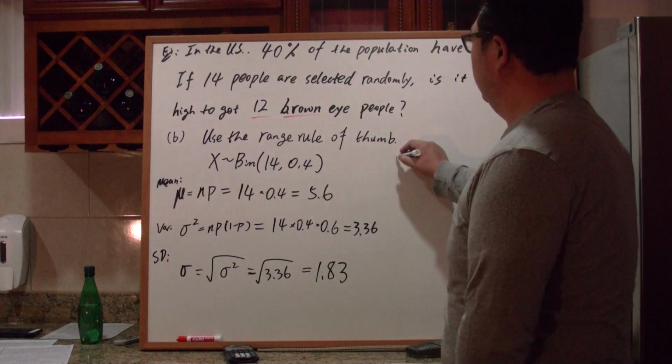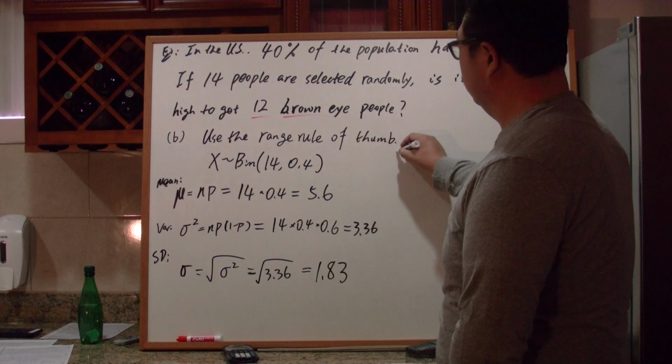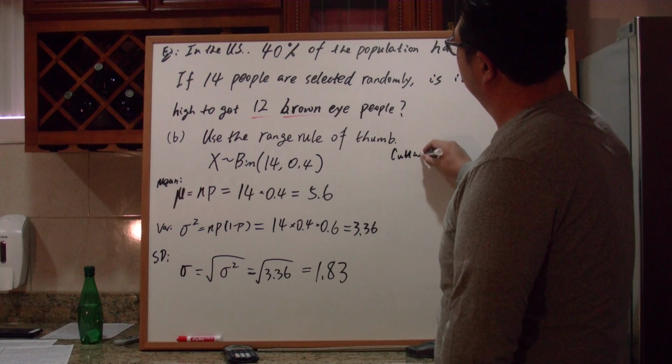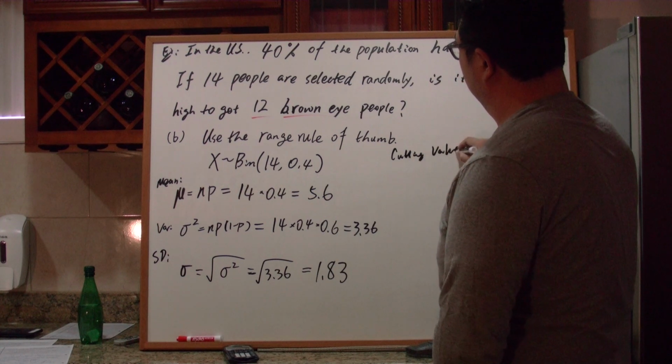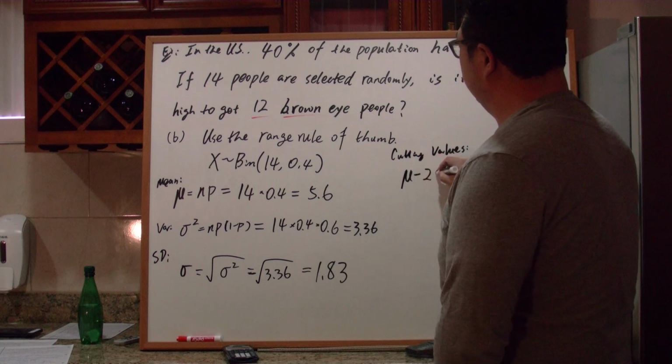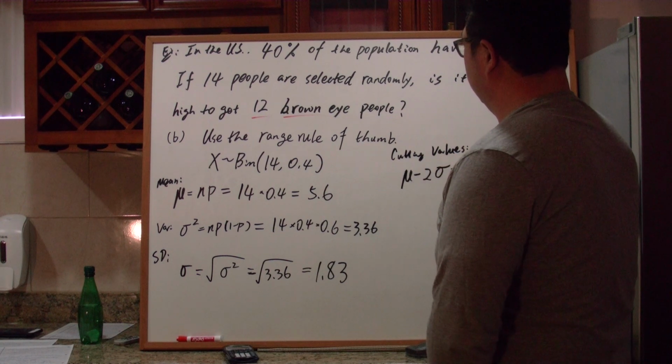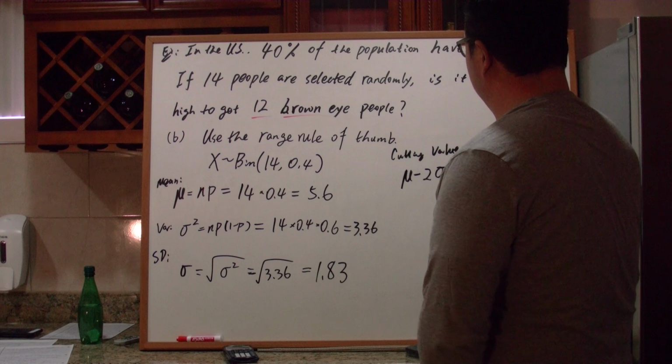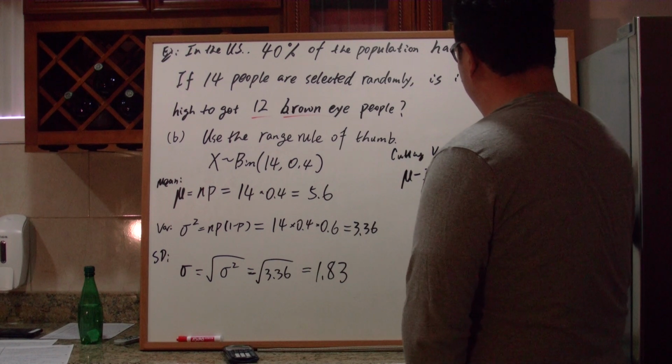Now the cutting values. We can find 2 standard deviations below the mean. That is 5.6 minus 2 times 1.83.